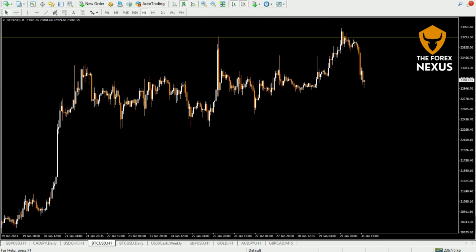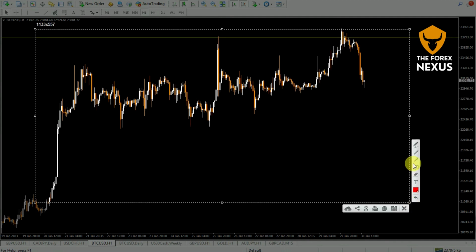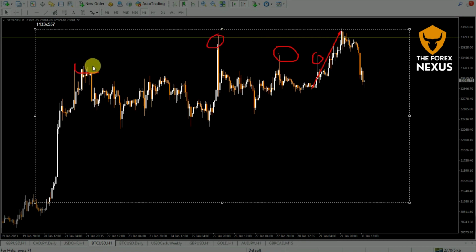But before going to that zone, the market will leave liquidity here, like at this point, and this one also. These are liquidity zones.